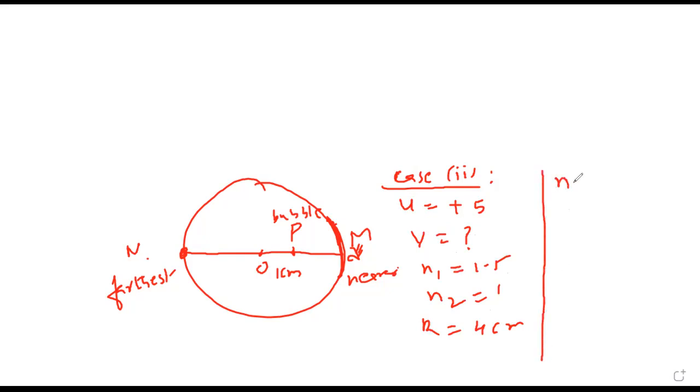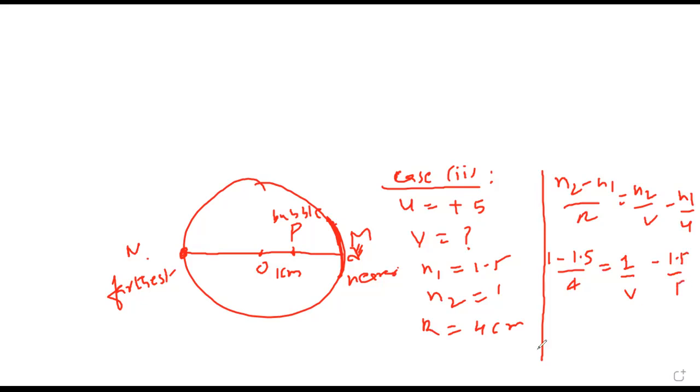So same concept: N2 minus N1 upon R is N2 upon V minus N1 upon U. N2 1 minus 1.5 upon 4 equals 1 upon V minus 1.5 upon 5. So minus 0.5 upon 4 equals 1 upon V minus 0.3.